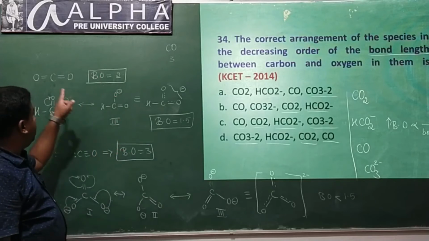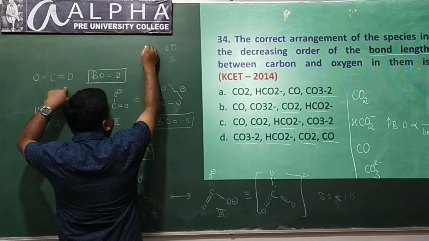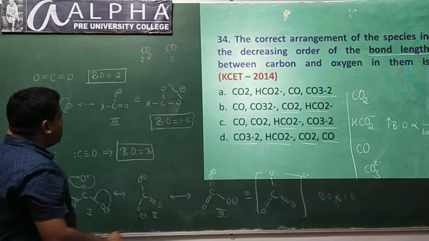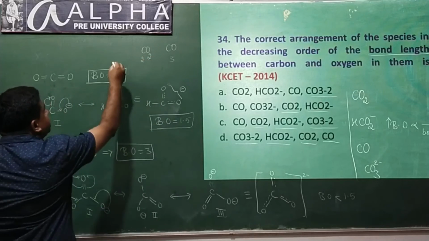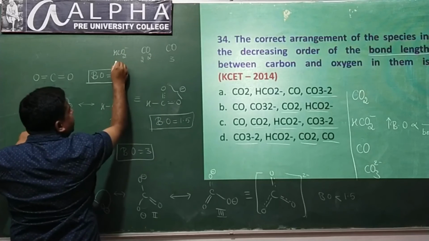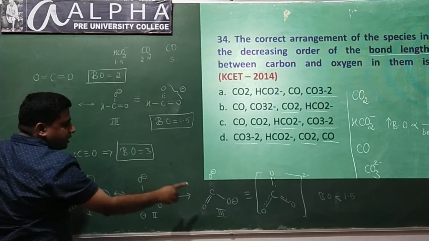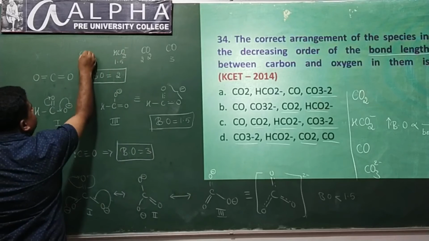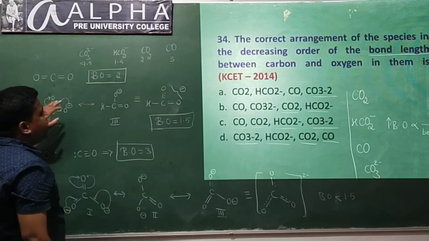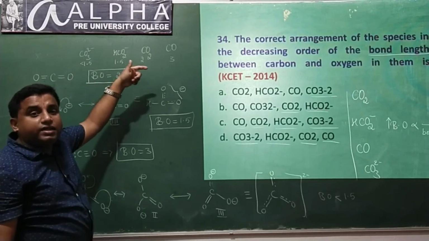After 3 we have carbon dioxide, whose bond order is 2. Next we have 1.5, which is HCO2 minus. And lastly we have CO3 2 minus, where the bond order is less than 1.5. More the bond order, lesser the bond length.